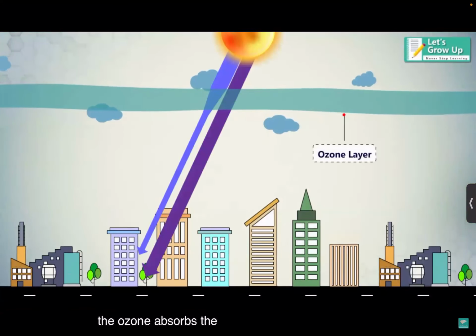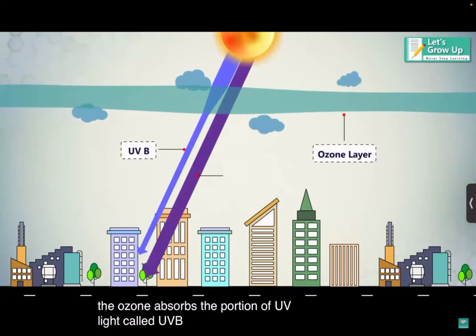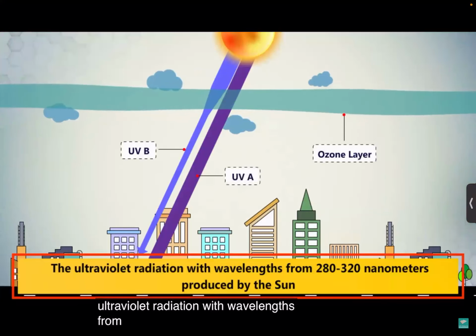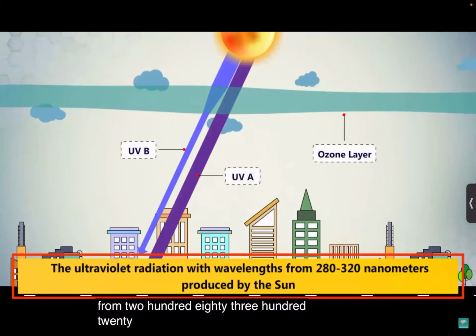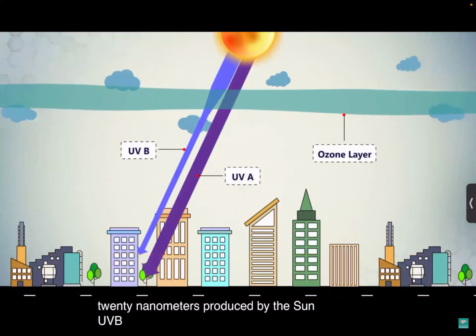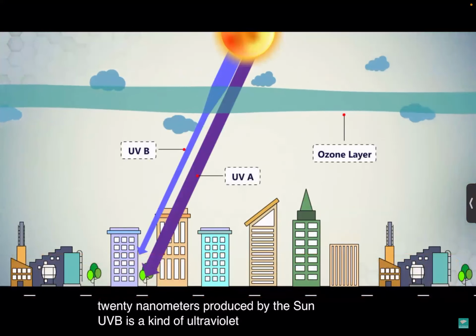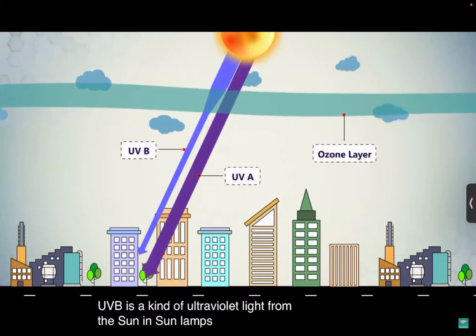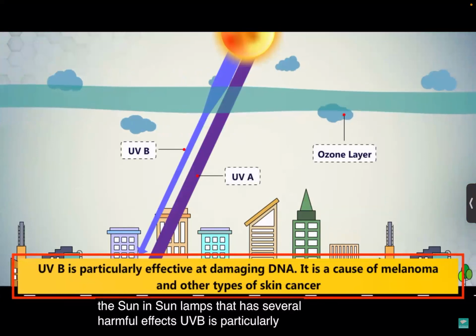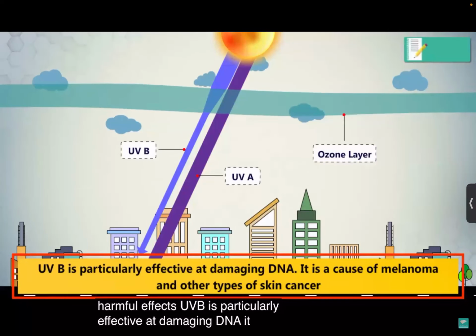The ozone absorbs the portion of UV light called UVB and UVA band of ultraviolet radiation, with wavelengths from 280 to 320 nanometers, produced by the sun. UVB is a kind of ultraviolet light from the sun and sun lamps that has several harmful effects. UVB is particularly effective at damaging DNA.